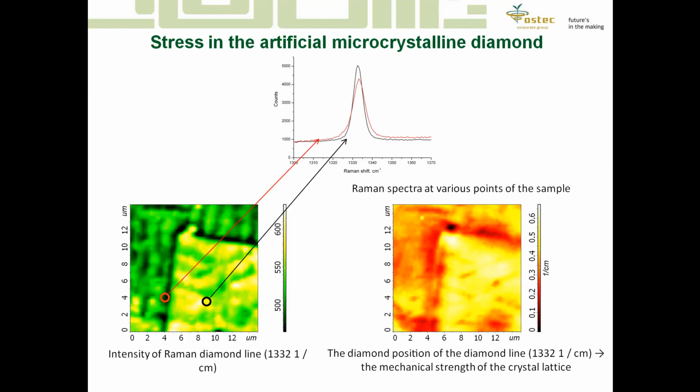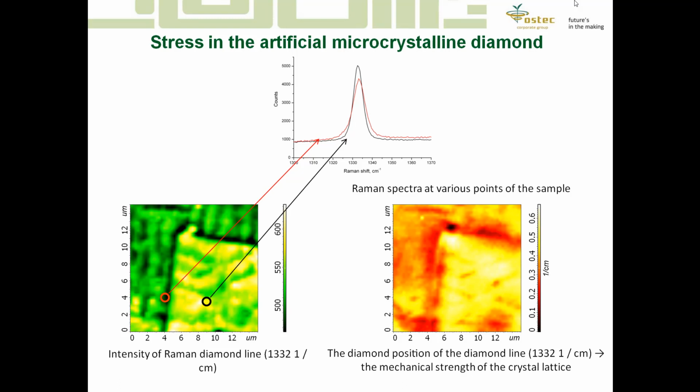Okay. Another application: what other information can we get from Raman spectroscopy? So temperature it was possible to get, but what other parameters are there? One important parameter is internal stress, and such stress can be measured, for example, for diamonds.